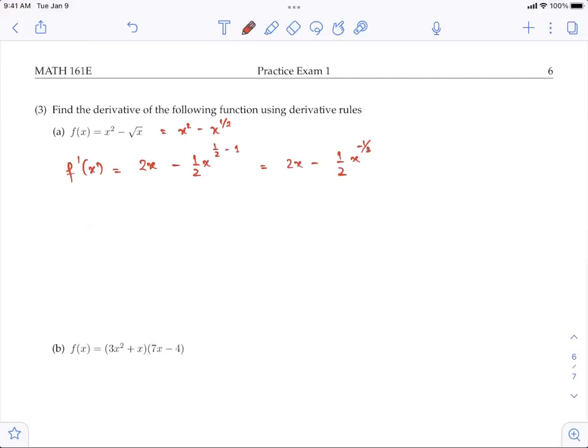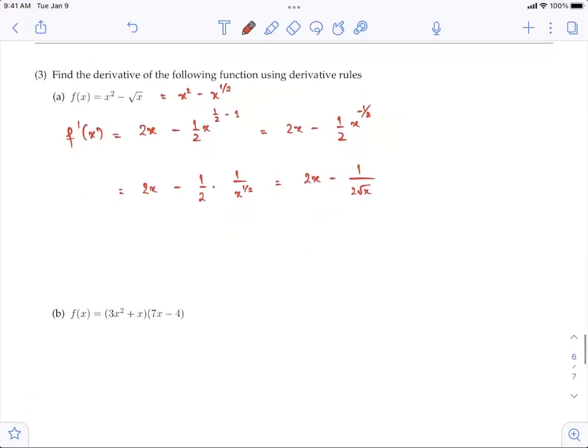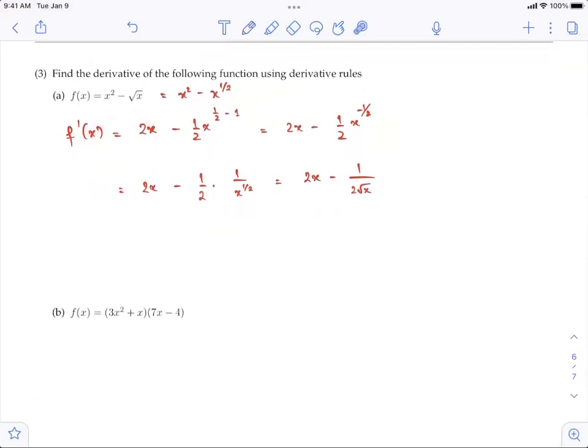Now in the test, I will have a more explicit hint if you don't want the answer to be with a negative exponent. So let's try to turn this into a positive exponent. So that is 2x minus 1 over 2 times 1 over x to the power 1/2. So x to the power 1/2 is square root of x. So that is 2x minus 1 over 2 square root of x. So that's the answer for problem A.